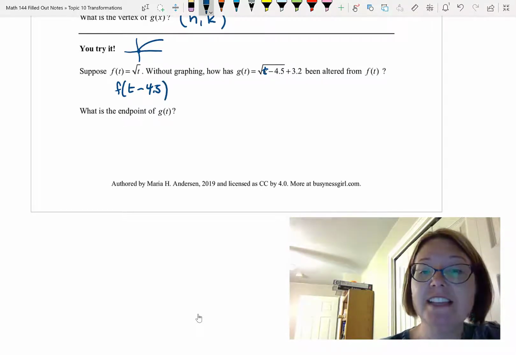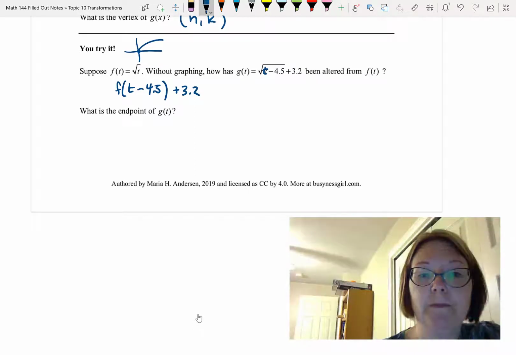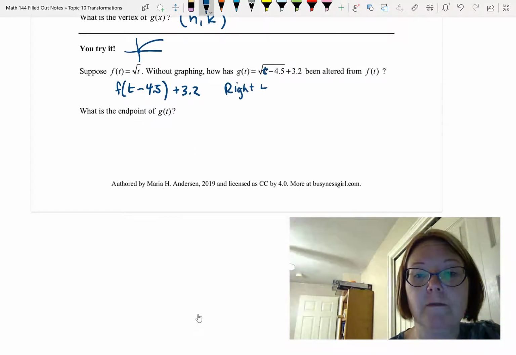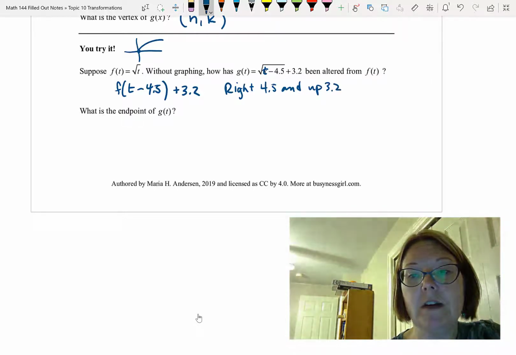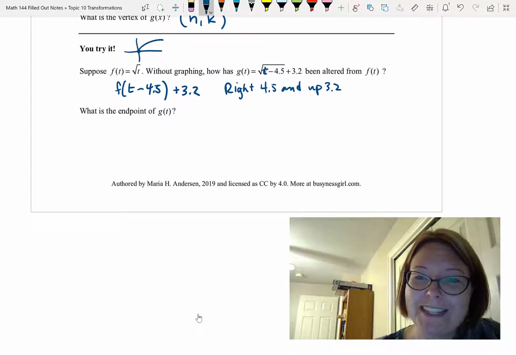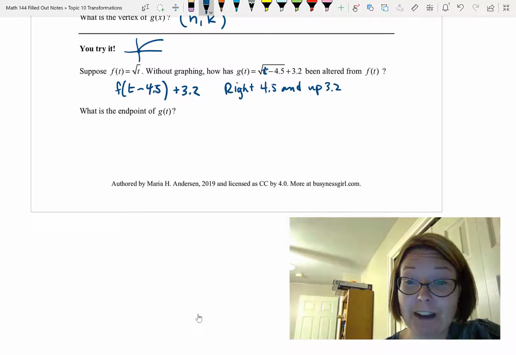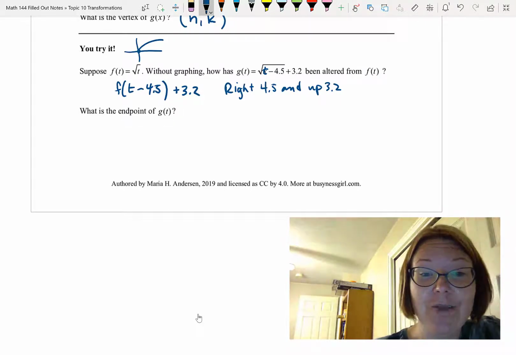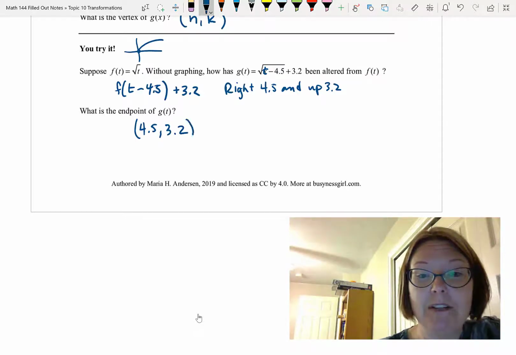That changed the inside of the function. And on the outside of the function, we added 3.2, which means that we went right 4.5 and up 3.2. So if the original endpoint was at 0, 0, and we go right 4.5 and up 3.2, our new endpoint should be at 4.5 comma 3.2.